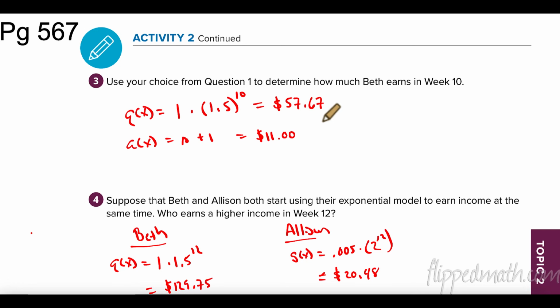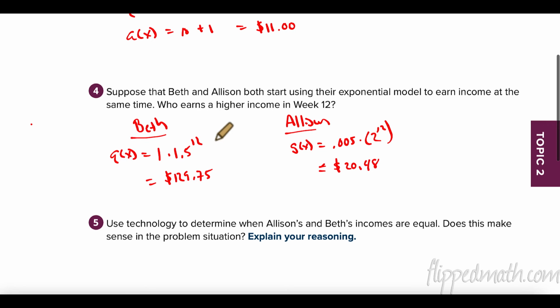So Beth probably should use the Quentin method, right? Suppose that Beth and Allison both start using their exponential model. So Beth has the Quentin model, $1 starting, times 1.5 constant multiplier to the 12 weeks. And Allison has the original one, 0.005 times 2, doubling it to the 12th.